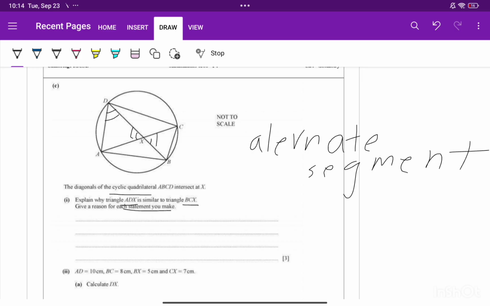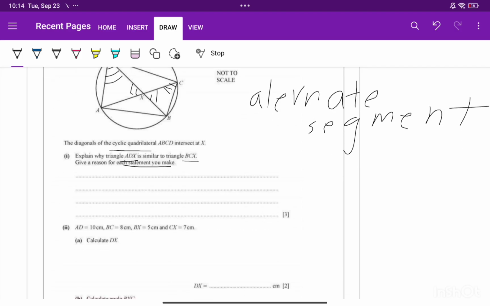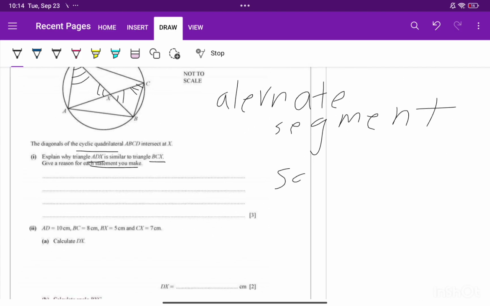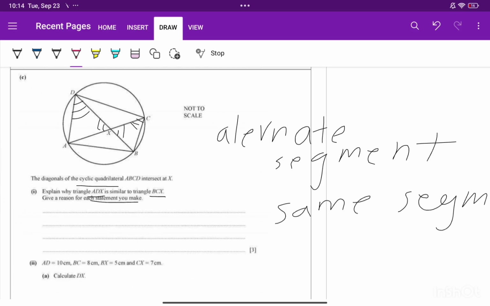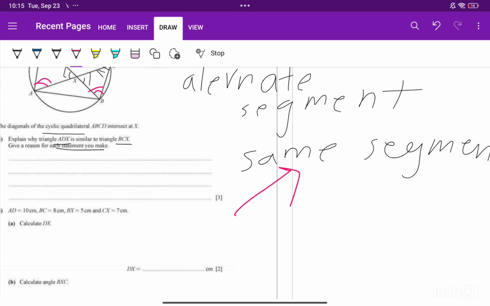ADX and XCB will be equal because of angles in the same segment. DAX will be equal to XBC. Why? Again, same reason, angles in the same segment.